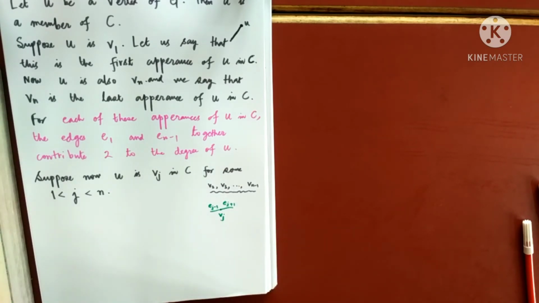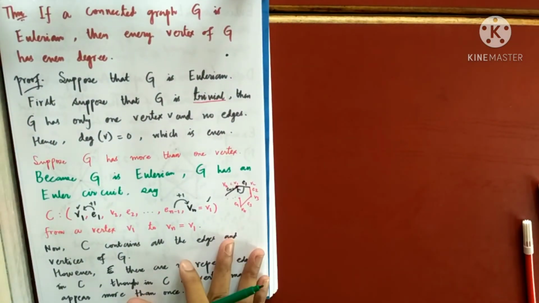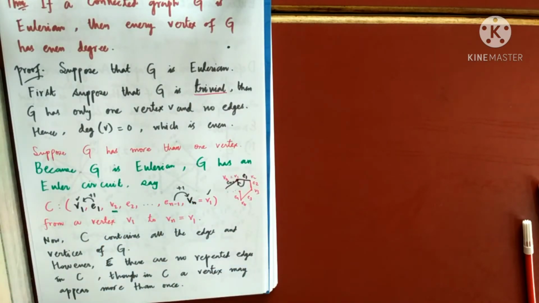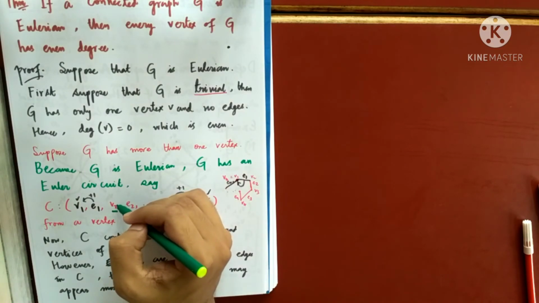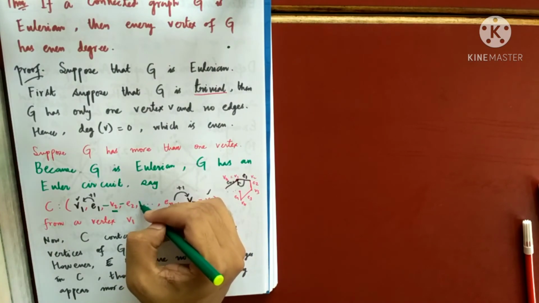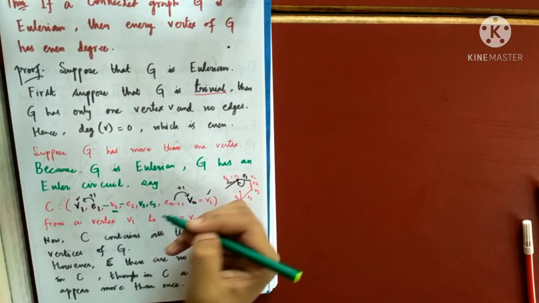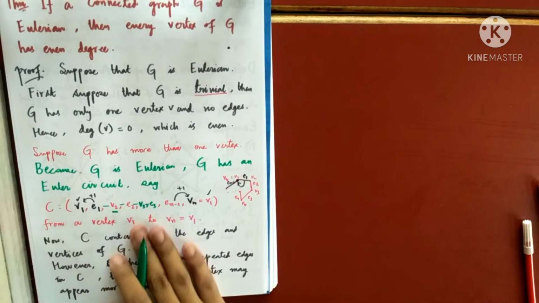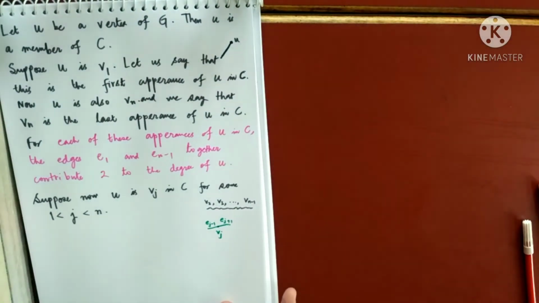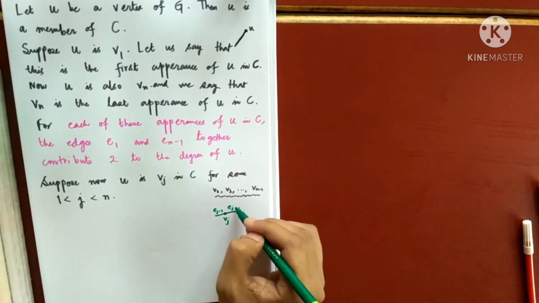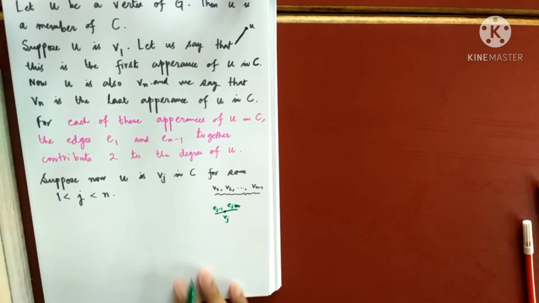Did you understand why? If you did not, you see here. If that is the middle vertex, suppose u is the same as v2. Then v2 is linked to e2 and v2 is also linked to e1. If I have v3 here, then I have e3 here. That means v3 is linked to e3 and v3 is linked to e2. So what is my point? If it is a middle vertex, it will be linked to two edges, ej and ej minus 1.